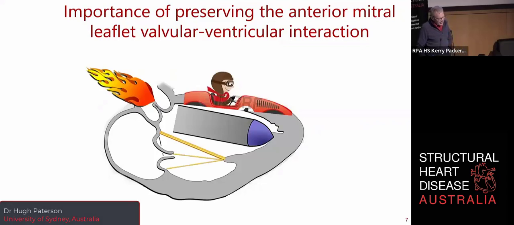There are other chordae, of course, the marginal chordae and the posterior basal chordae I've mentioned. The total force exerted through the marginal chordae exceeds that through the strut chordae.